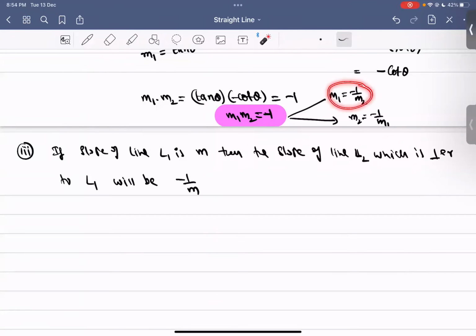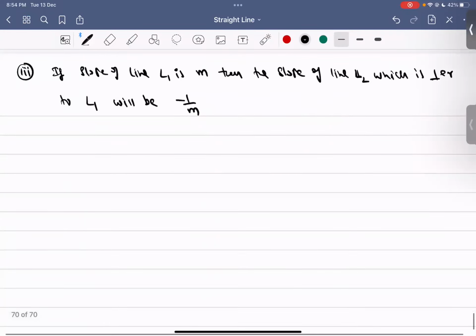From the product of the slopes, because m into minus 1 by m is minus 1. The slope of the line is m, and its perpendicular line's slope is minus 1 by m. Diagrammatically, suppose this is L1, and this one is L2.